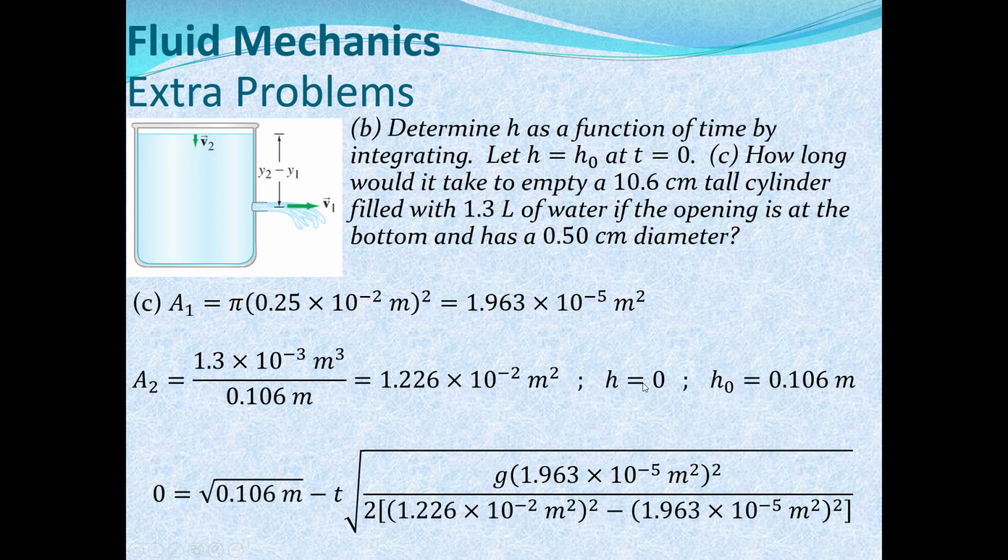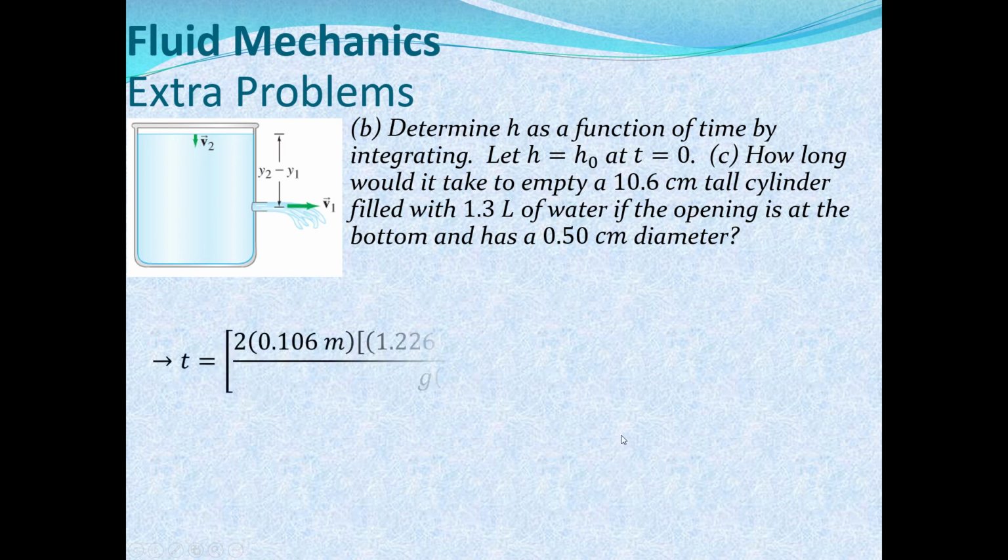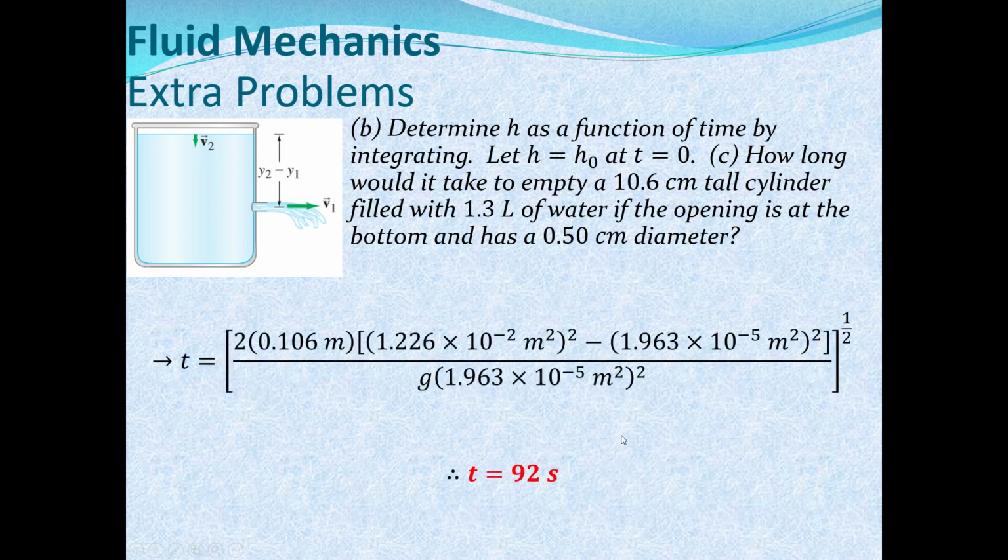We know that it's going to empty, so h ends up going to 0. We know its initial height is 10.6 centimeters, so it goes to 0.106 meters. I'll plug the numbers in, and we figure out that the time ends up being 92 seconds. So it's going to take 92 seconds for the entire vat to empty.